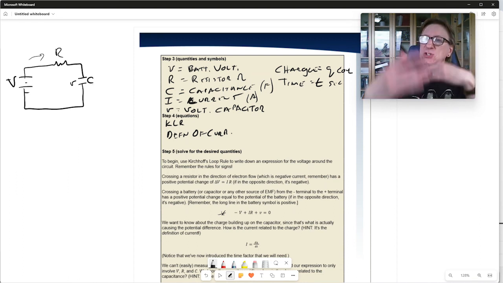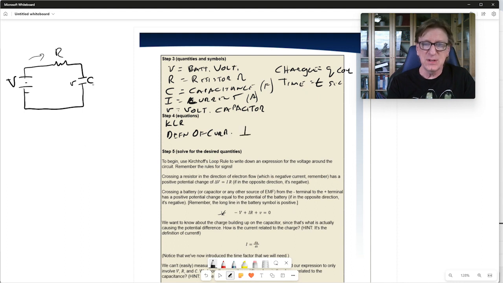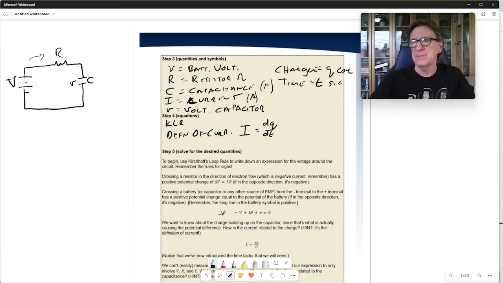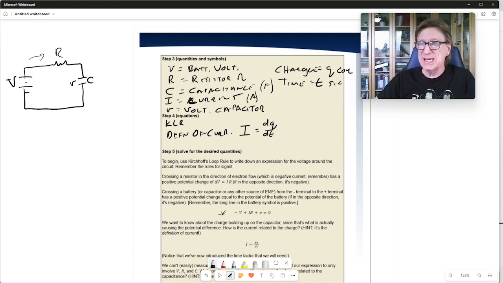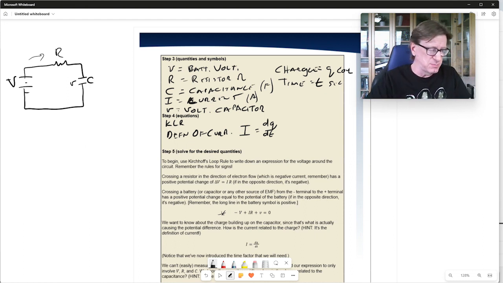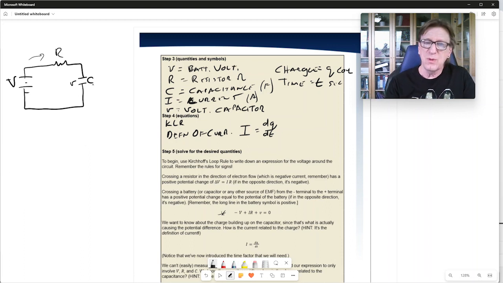And so it's carrying charge that's building up on the capacitor over time. So our definition of current, you can go through your flip books and make sure that you follow along with this, is simply going to be dq/dt. We are going to have to use the instantaneous current because it's going to be changing over time as it builds up. And then we already mentioned that we're going to use the definition of capacitance.